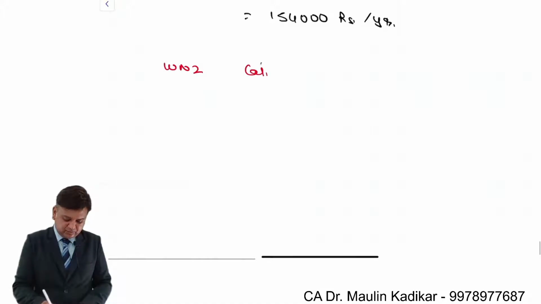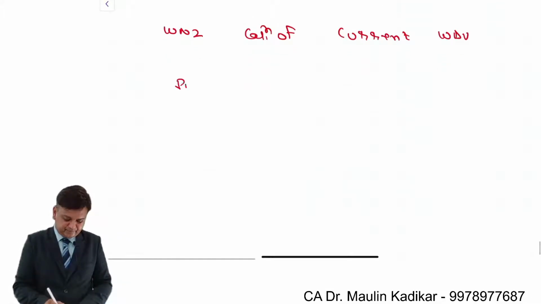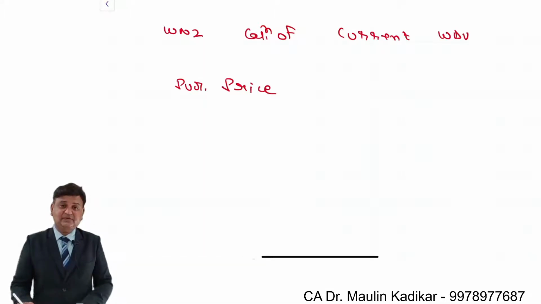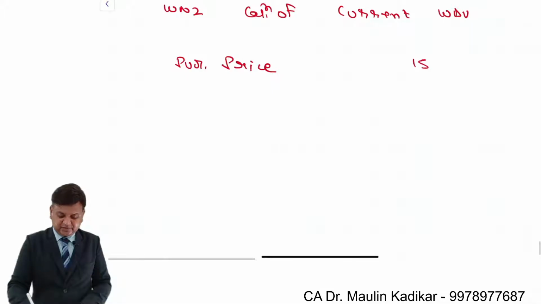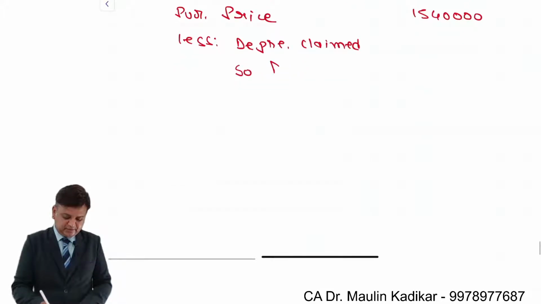Working note number 2, calculation of current WDV. The price at which we had purchased it was 15,40,000 less depreciation claimed so far.